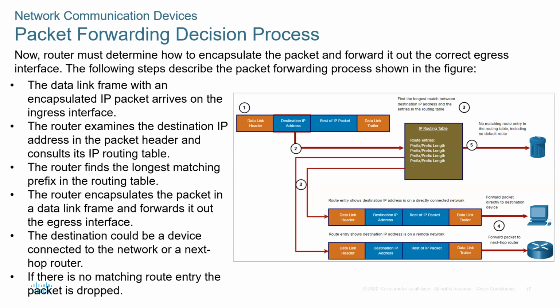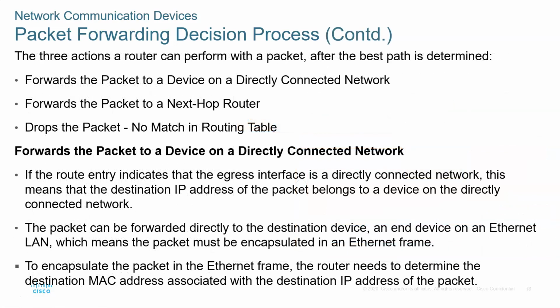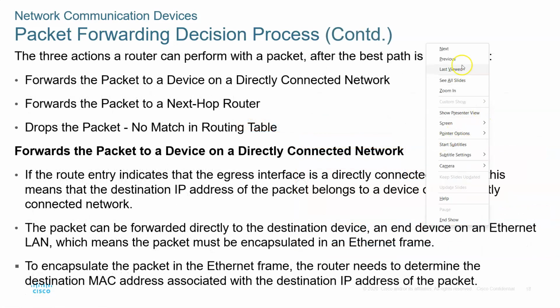All right, so packet forwarding decision. You look at the destination IP address, like I said, then you decide. Just like I explained it to you. Just fast forward to the beginning when I started talking about that routing table. The only thing I did not go over, let me show you.